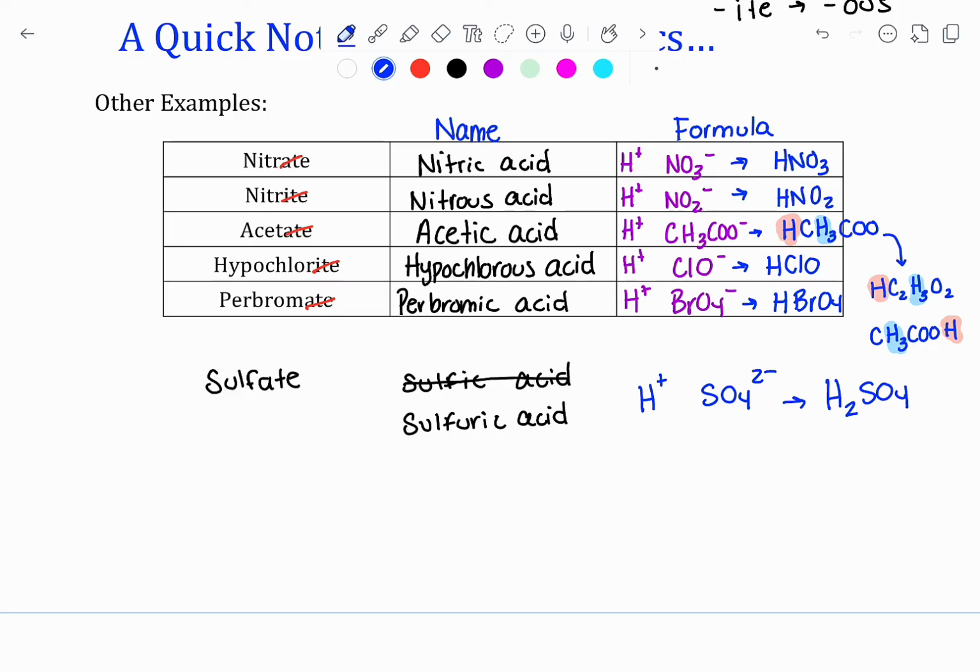I can do the same thing with phosphoric acid. That came from phosphate. That's H plus, and PO4 3 minus becomes H3PO4. So we're treating it exactly the same way we do our ionic compounds and how we balance out our charges there.